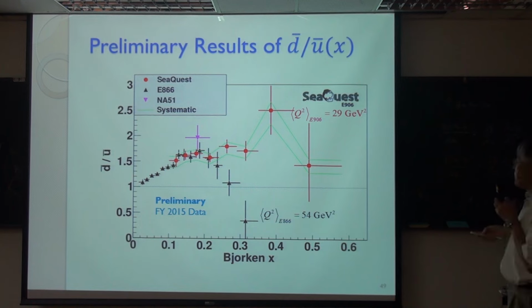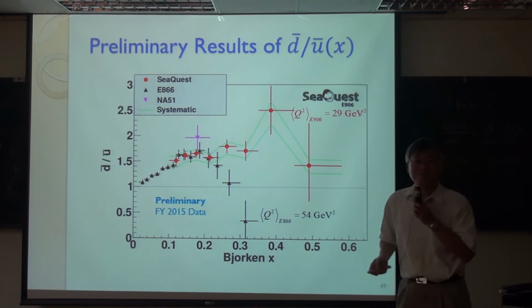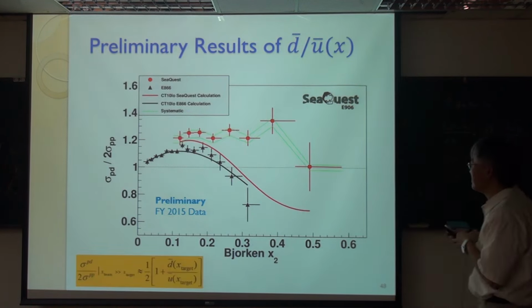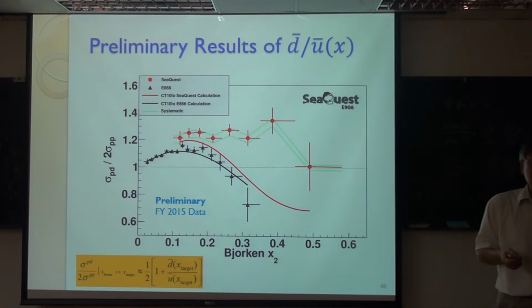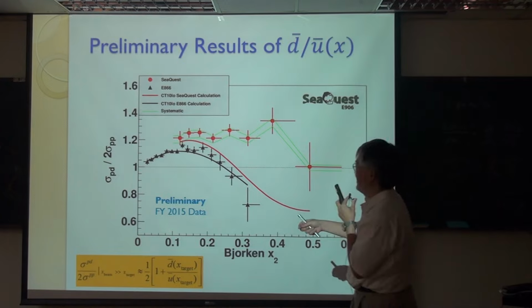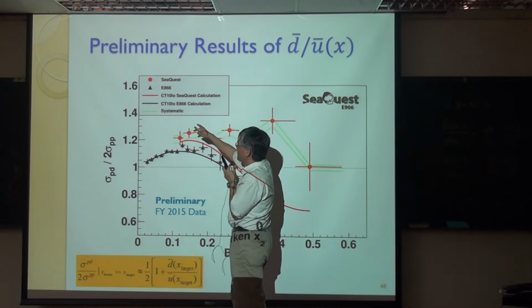Sorry, Wen-Chen, can you go back to the previous page? So you have a calculation and also your own data, right? How come they do not agree with each other? You mean our data and our calculation, right? Yes, because the calculation was based on the parameterization of ACT6, because all of this is CT10.